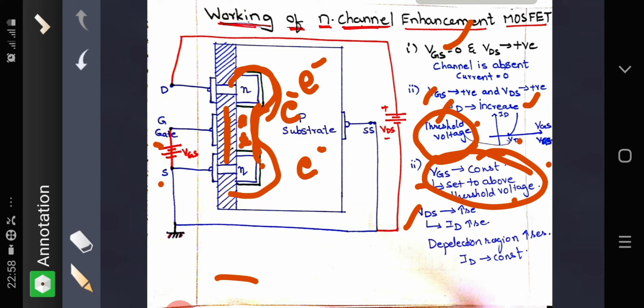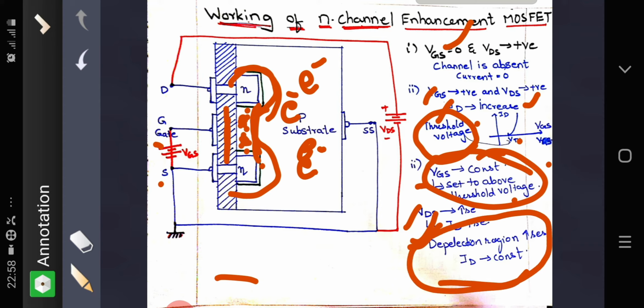What happens now? ID also increases, because if we increase VGS, more electrons get accumulated in the channel and the current increases. Even when VDS increases, current increases, and the depletion layer also increases.